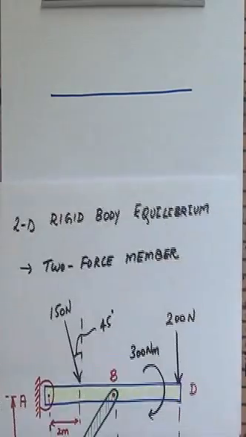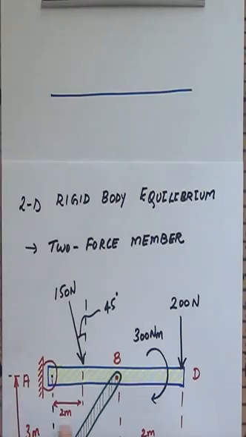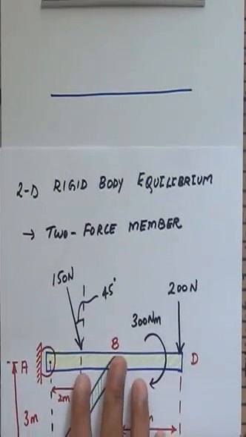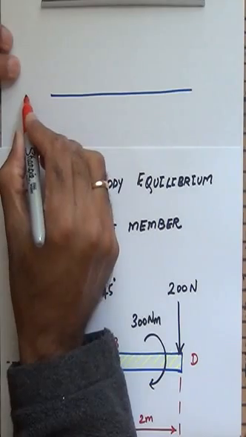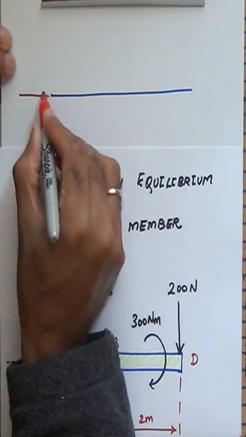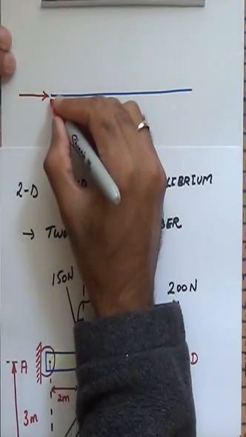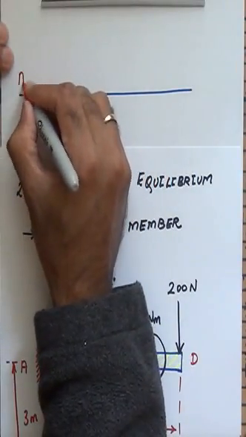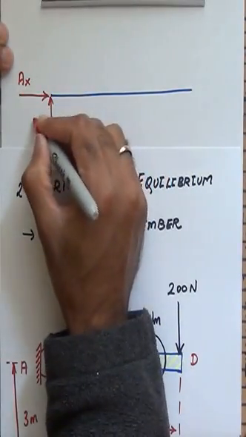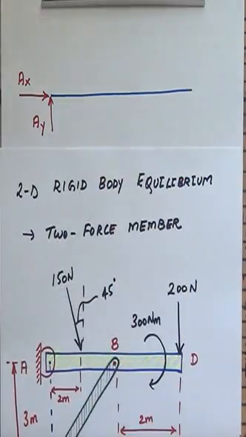And what we were told in the previous problem is that there is a pin at the point A, which means that if this is the horizontal bar ABD, then I start off by drawing the pin reactions at the point A. And we know from what we've done in class that there are two pin reactions typically in 2D along the directions of constraints. So this is going to be AX, and then this we're going to call AY.